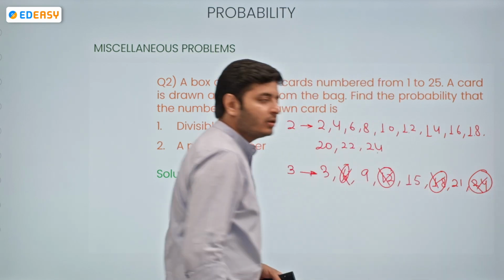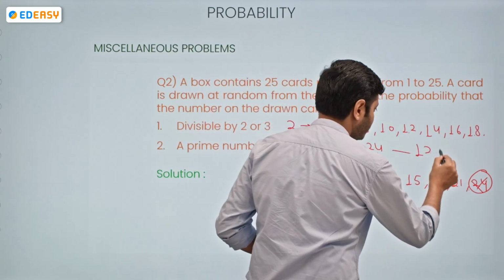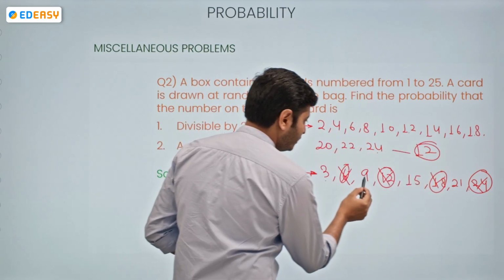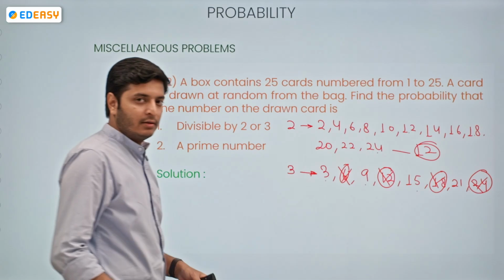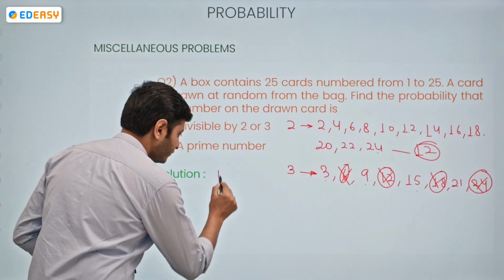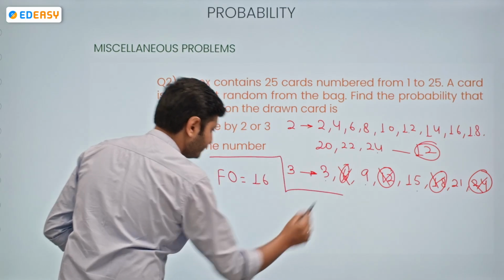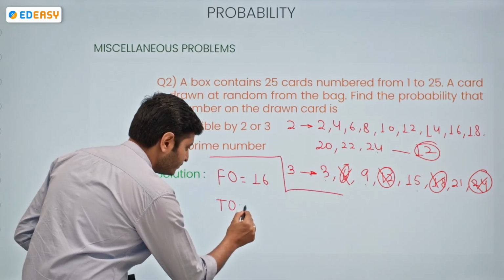Now we can find the total number of favorable outcomes. 12 numbers for 2 and here 13, 14, 15 and 16. So there are 16 favorable outcomes. Total outcomes 25.